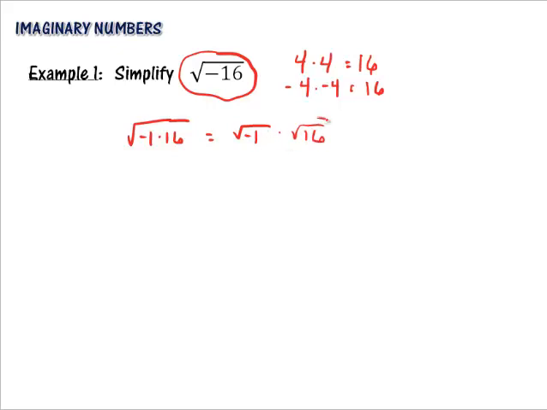The square root of 16 is easy, that's 4. And the square root of negative 1, what you just learned on that website, we call that i. So i times 4, we just call it 4i. That's how I simplify this, and there's my answer, the simplified form.